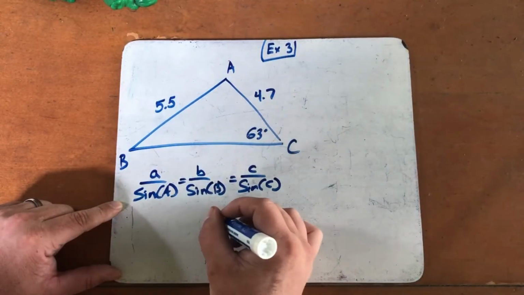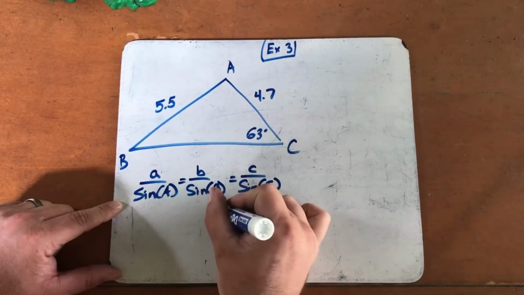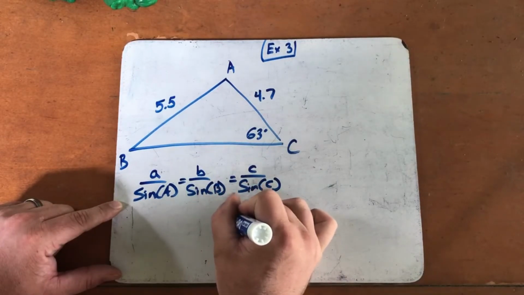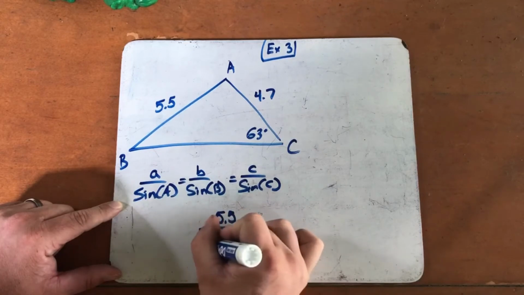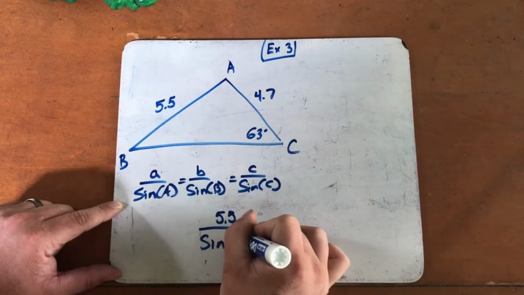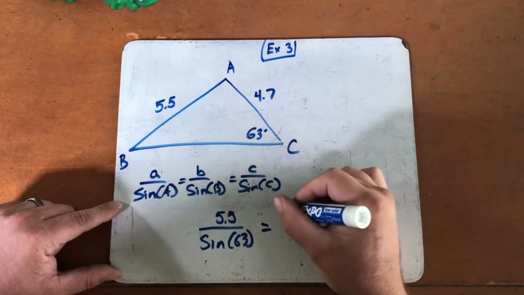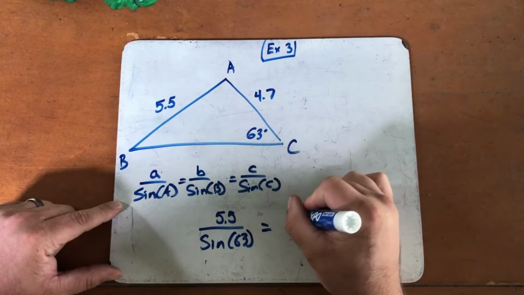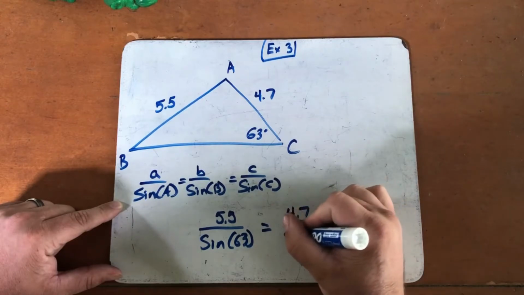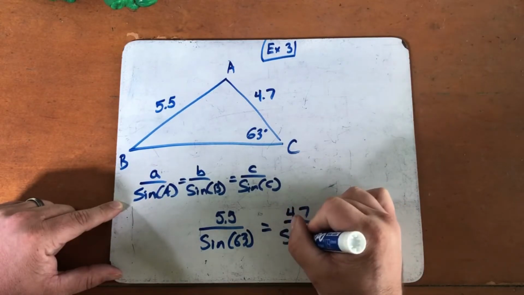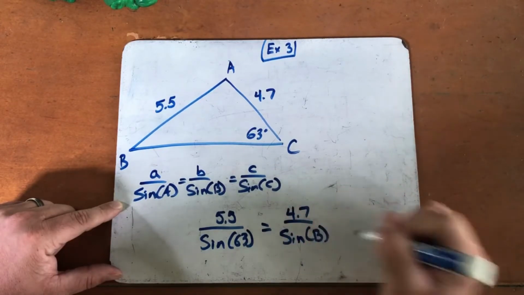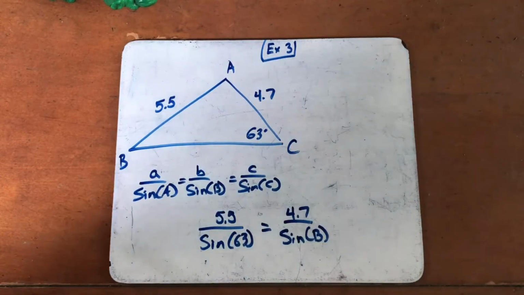So when I set this up, I have side c, which is 5.5, over the sine of 63, equals side b, which is 4.7, over the sine of B. All right, so notice this looks a little bit different.